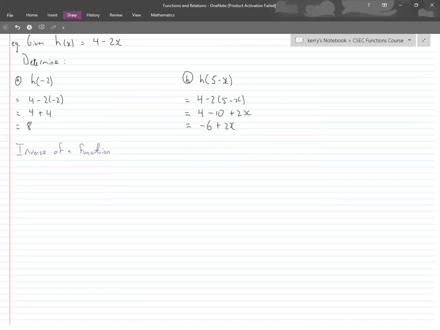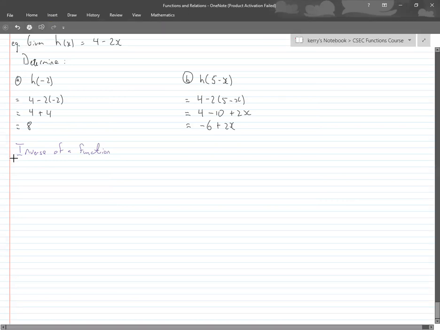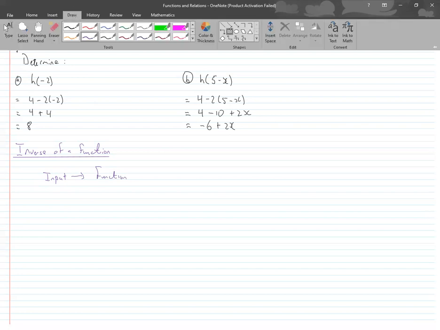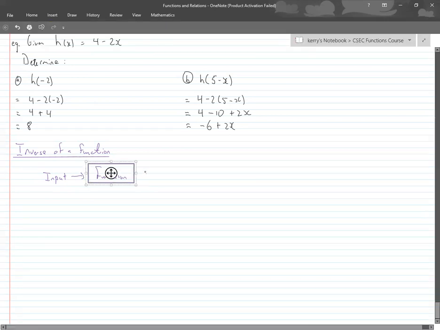So what we were talking about all the time is that we had an input, right? So we had an input here, right? And we took that input and we ran it through a function, right? So we put this into some function, right? And when we put that input into that function, the function converted it into an output, right?